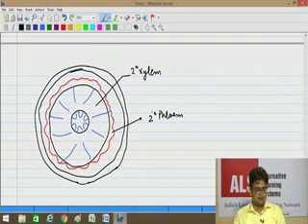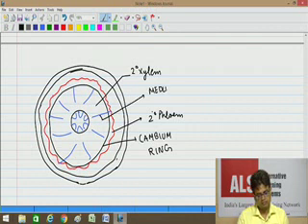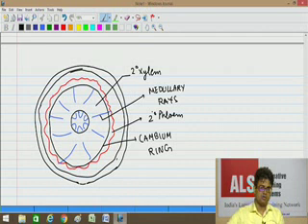Okay. This is the cambium ring. And these are the medullary rays. Okay.